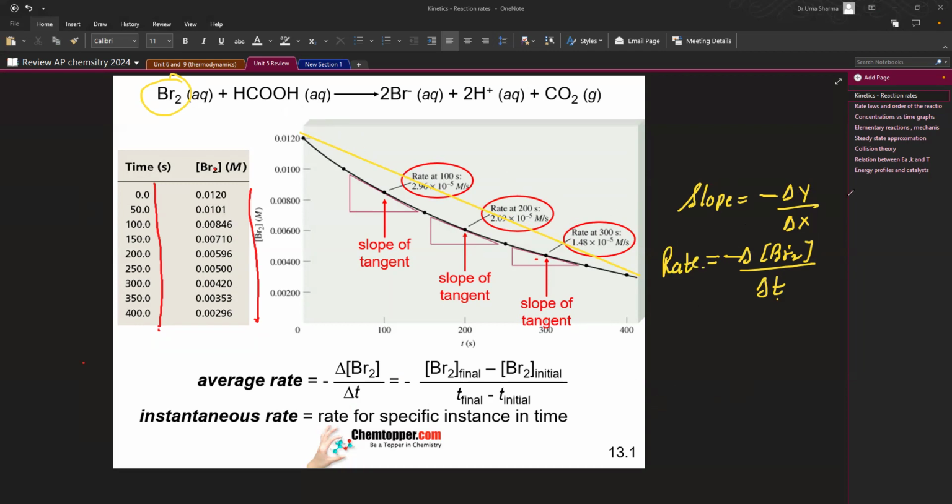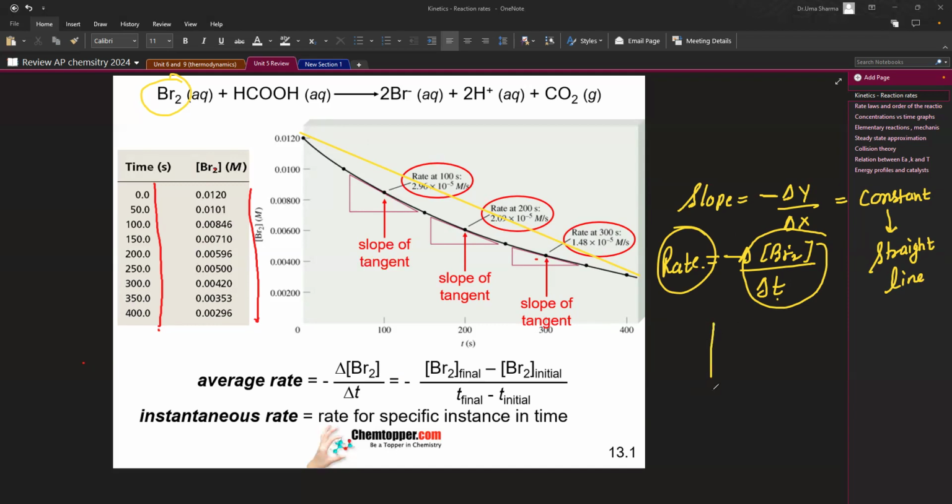If the slope is constant, then you get a straight line. Right now, it's not constant. You have to understand all these things because there will be questions based on it. So it means the slope is not constant. If this is not constant, it means the rate is not constant. Rate is continuously changing.